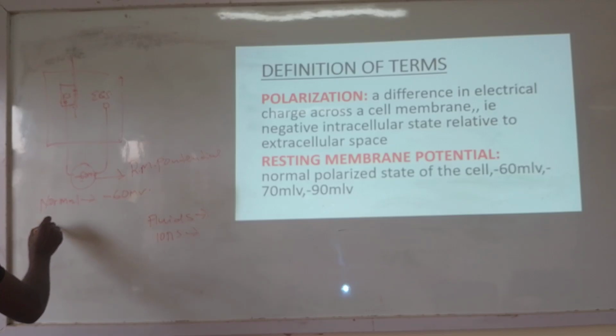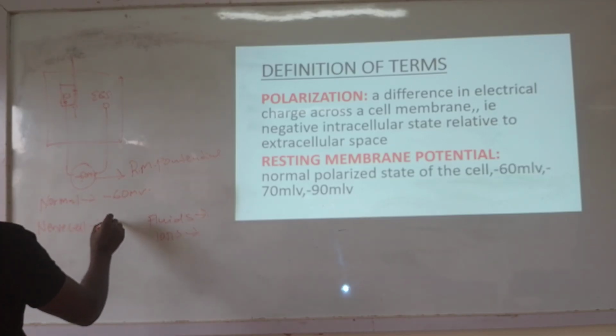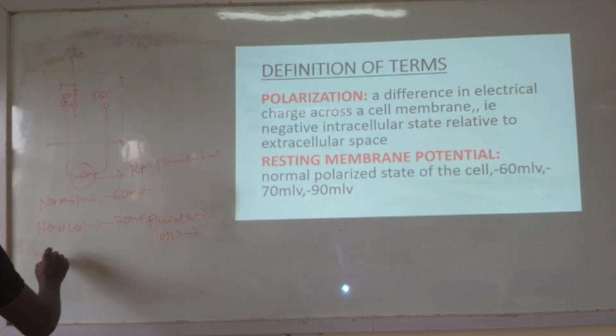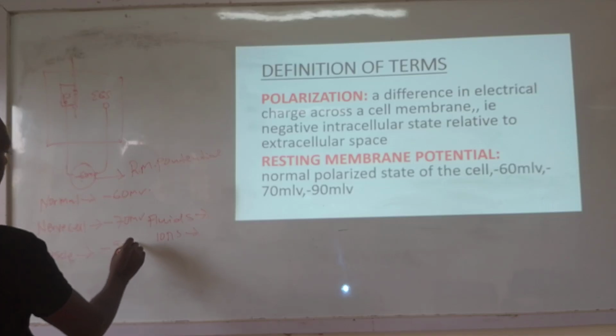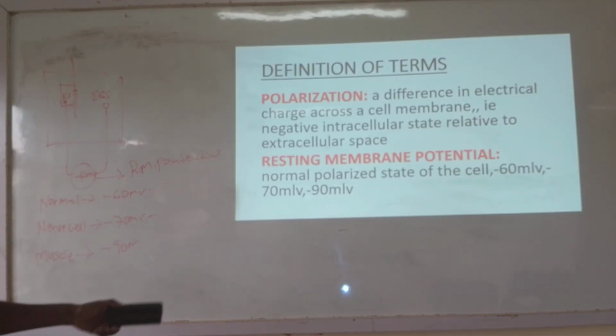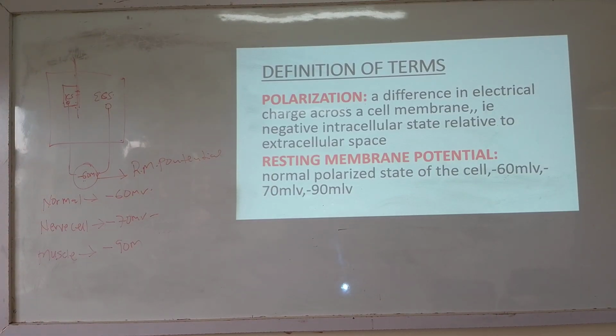A nerve cell usually has around negative 70, while a muscle cell usually has about negative 90. So this is the resting membrane potential, which is the normal polarized state of the cell.